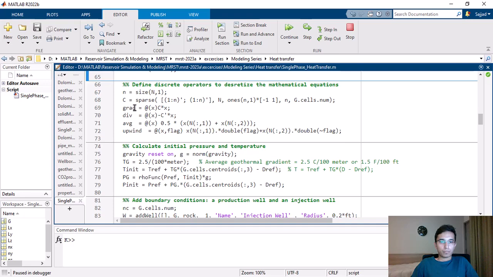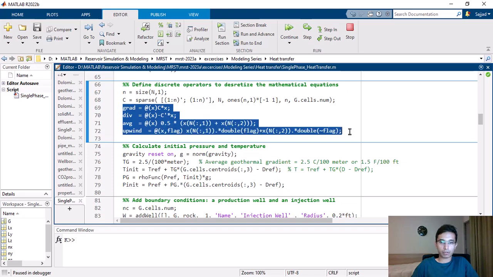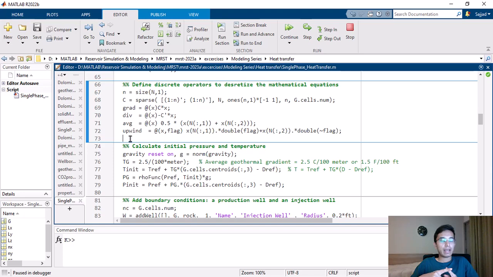All right, so what we do here is get some operators, and these operators will be used for constructing and writing the residual equations that we have. The residual equations in this simulation are a pressure equation, which is the mass conservation equation of water, and the energy conservation equation.